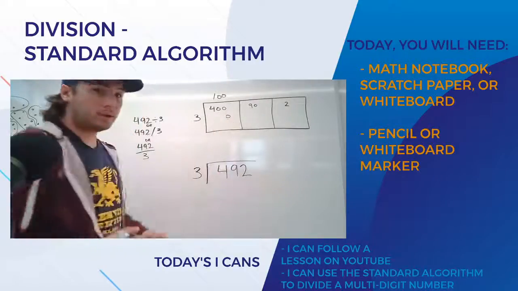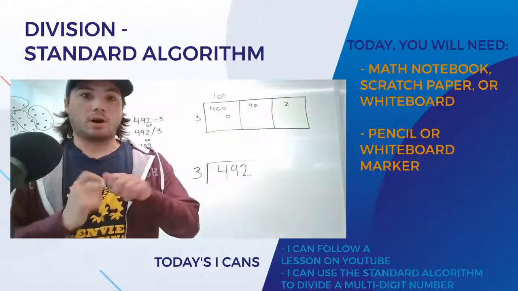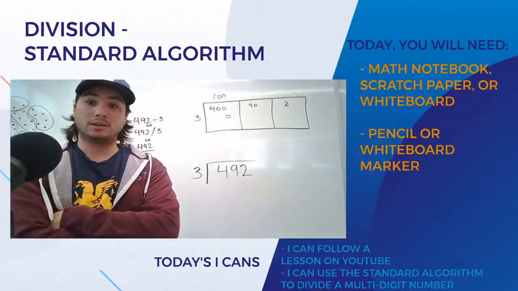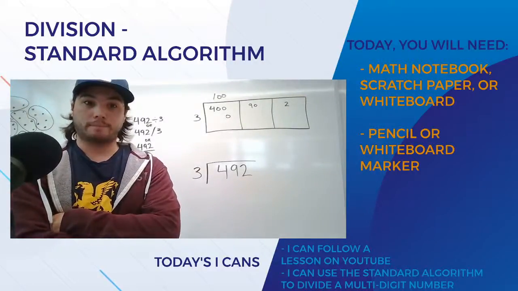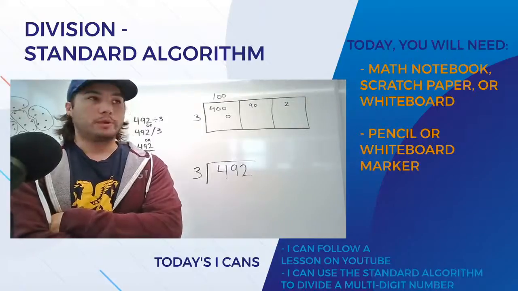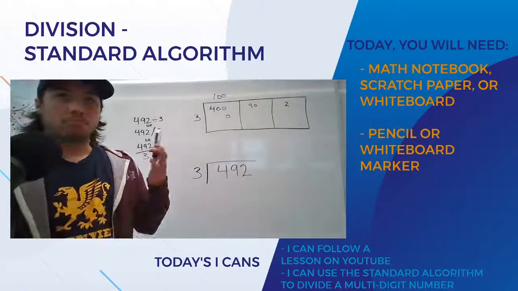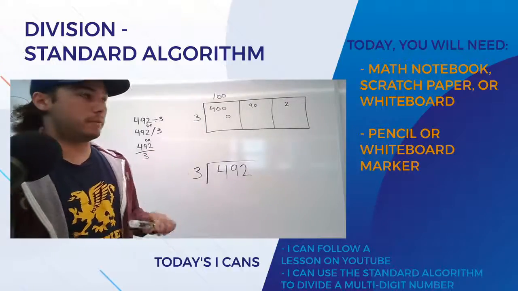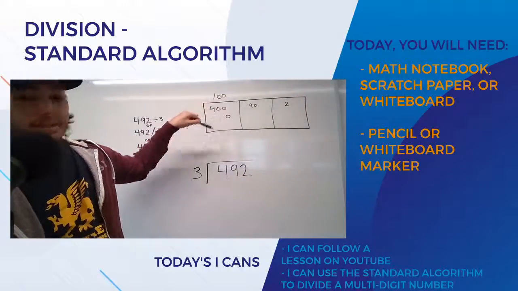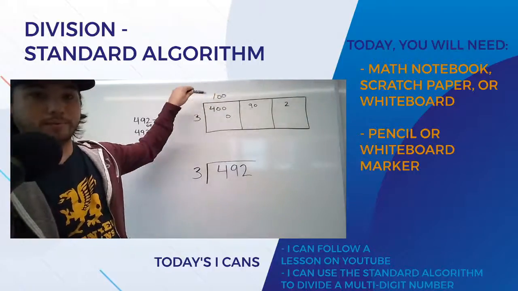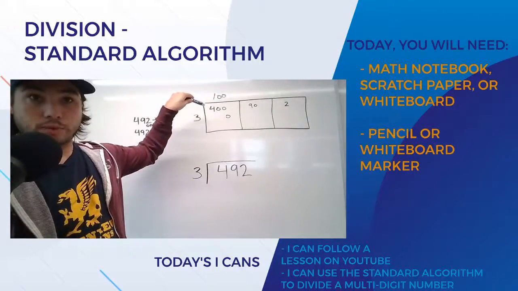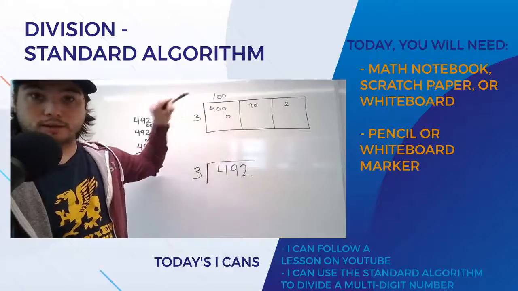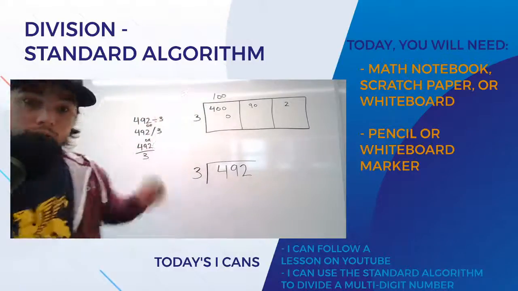And then what we want to do when we're dividing something out is we always want to subtract until we run out of things to divide. Okay? So if we are using this area model to say this rectangle is 100 times 3, we have a total of what in this rectangle? 100 times 3? 300.